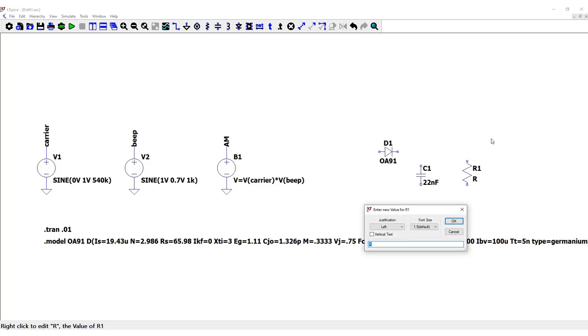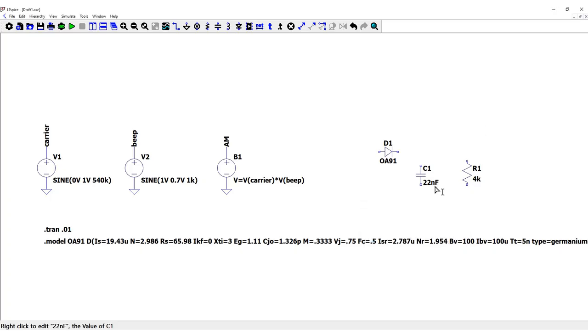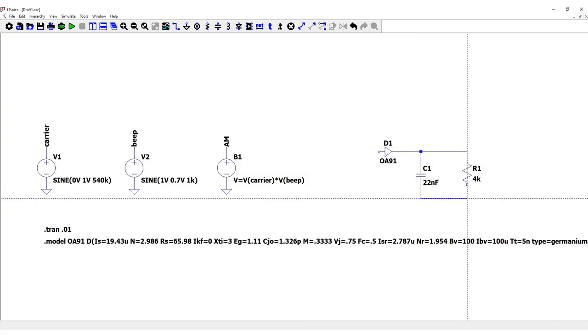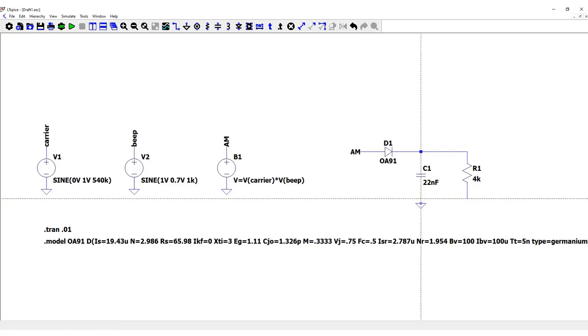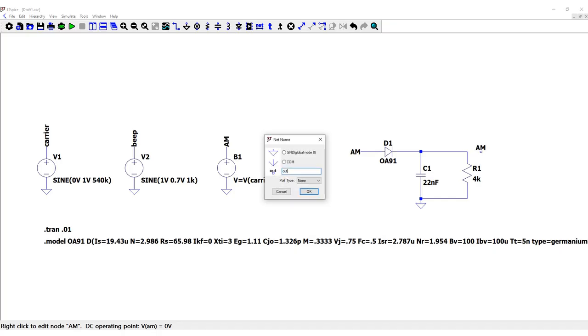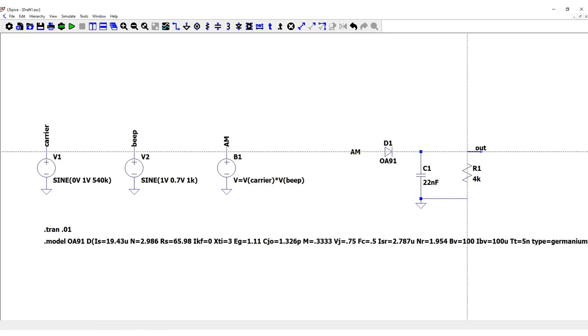And finally, a high impedance speaker as the load. I make the connections now. And ready.